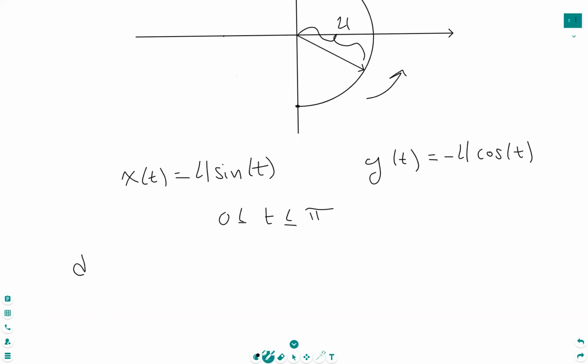So I need to find dx dt. This is 4 cosine of t. And then my dy dt is 4 sine of t.